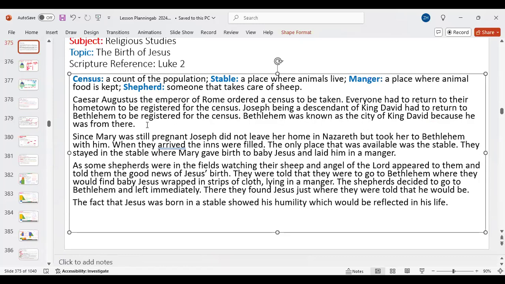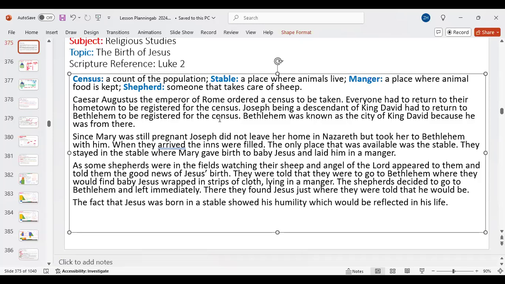Okay, it's the second line. Everyone had to return to their hometown to be registered for the census. Joseph, being a descendant of King David, had to return to Bethlehem to be registered for the census.